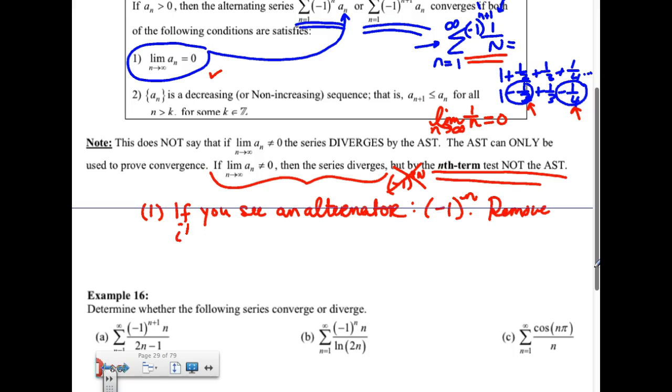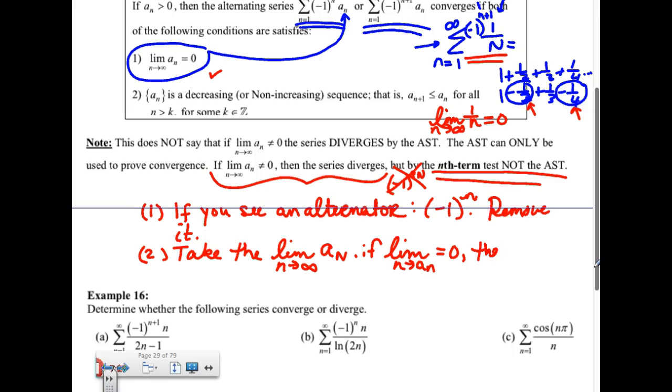And we're going to see what happens to the function without the alternator. Take the limit as n approaches infinity of that series, or the nth term, without the alternator in it. If that limit goes to 0, then the series converges.